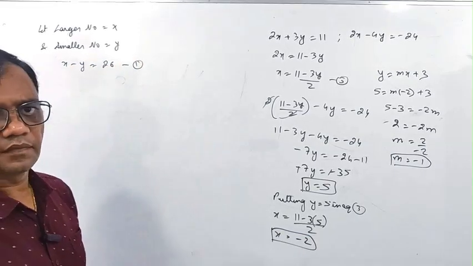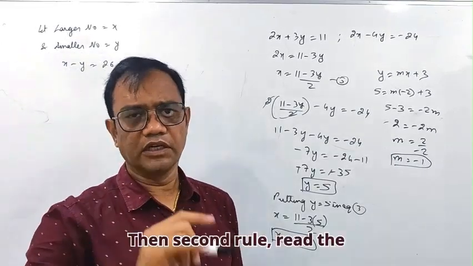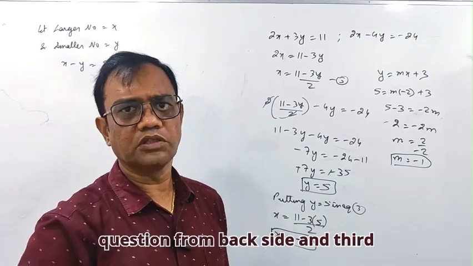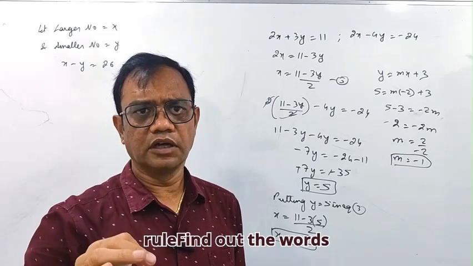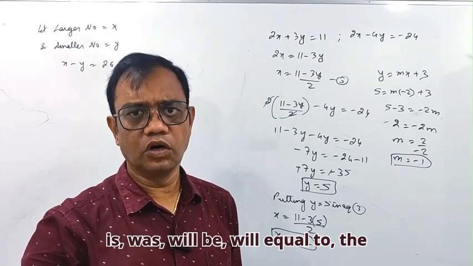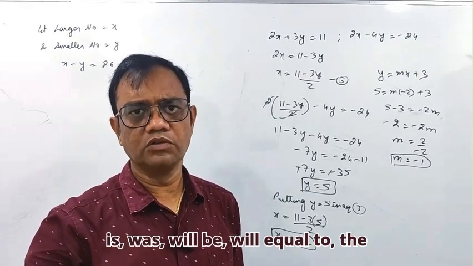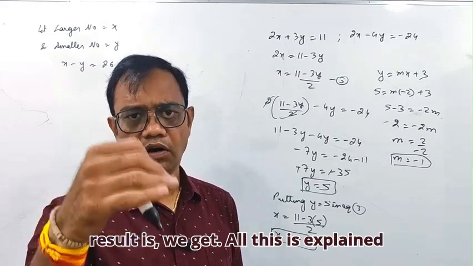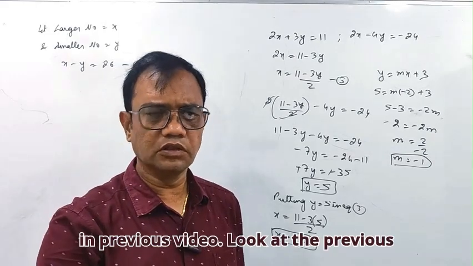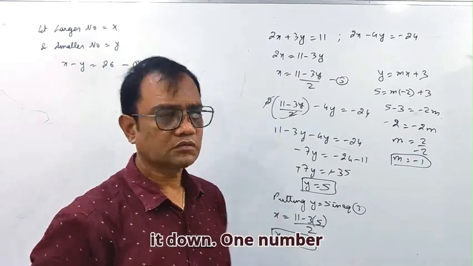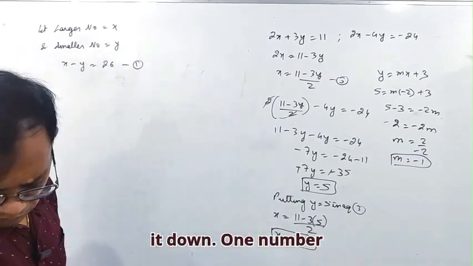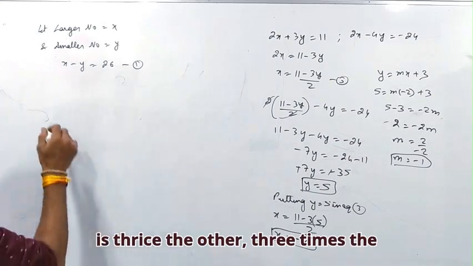Equation 1. Then the second rule: read the question from the back side. And third rule: find out the words is, was, will be, will equal to, the result is, will get. All this is explained in the previous video. Look at the previous video. I have written it on the board. Note it down. One number is thrice the other, 3 times the other.